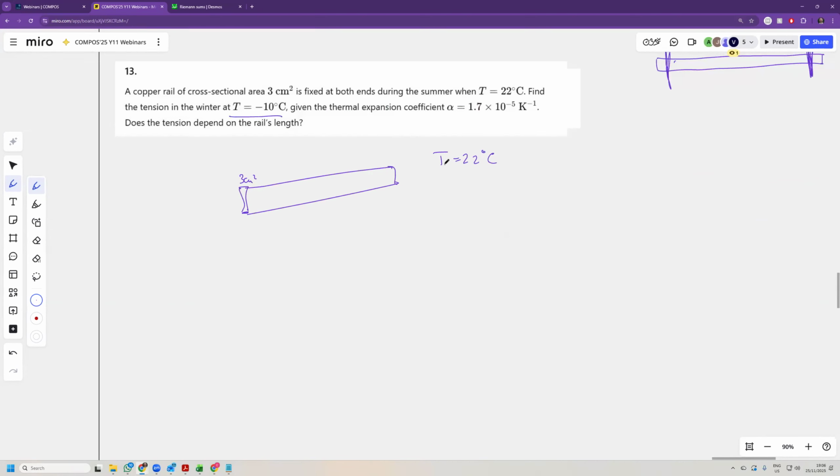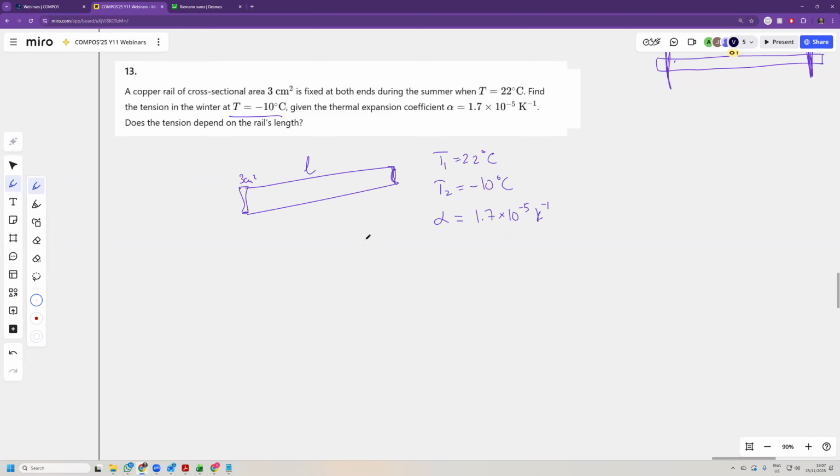So T1, T2 is minus 10 degrees Celsius. And the thermal expansion coefficient alpha is 1.7 times 10 to the minus 5 Kelvin to the minus 1. Why does the tension depend on the rail's length? Okay, so we assume that the length of the rail is L.